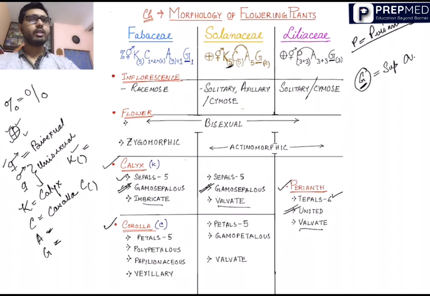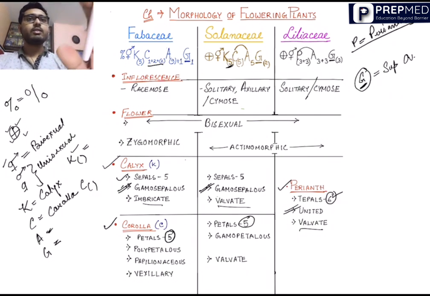Now let's come to the next point, Corolla. In corolla, the unit is petals. So there are 5 petals, 2 plus 2 plus 1, 5 petals. Here also 5 petals. Here there are 6 tepals.